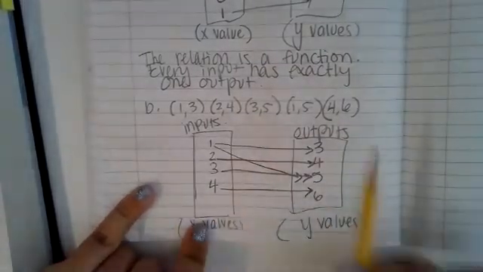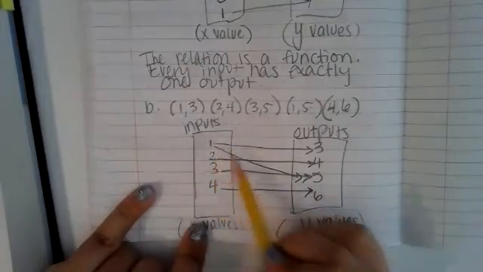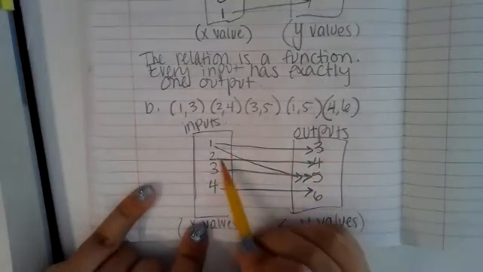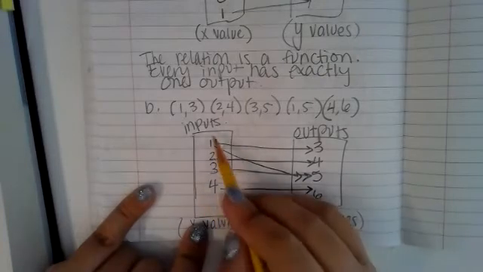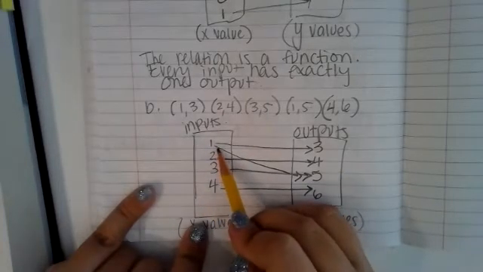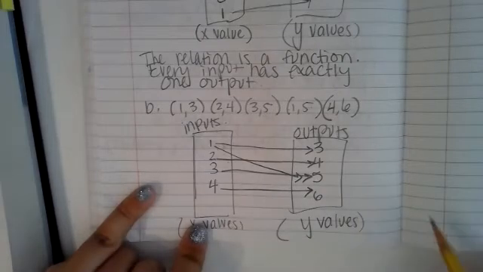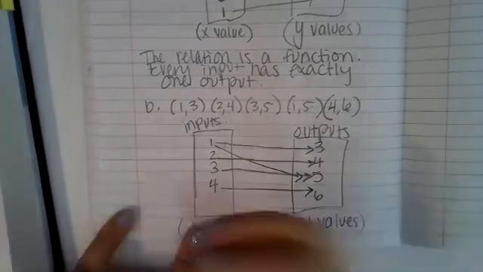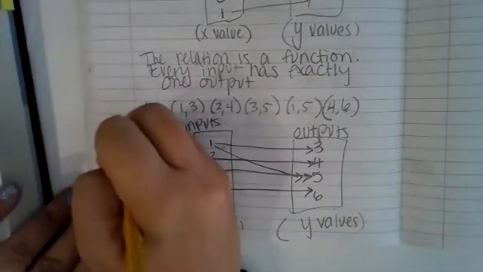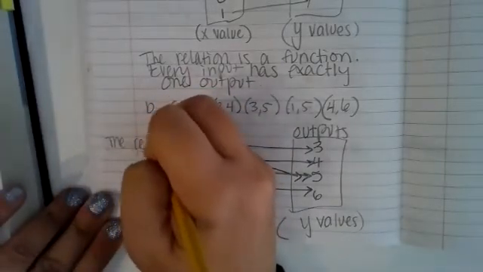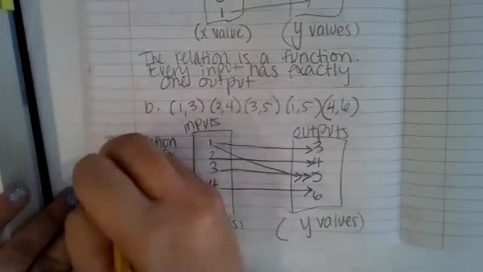So when I look at this one, I can see that this input here, number 1, has 2 outputs because it has 2 lines coming from it. So because this input of 1 has 2 lines coming from it, it is not a function. So we would write the relation is not a function.